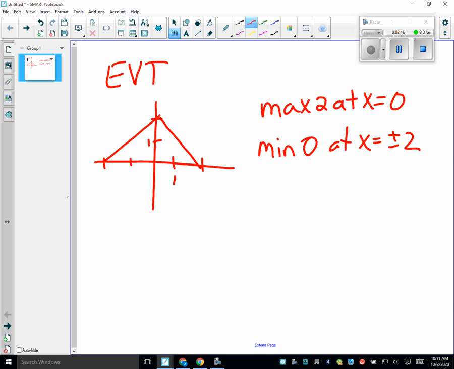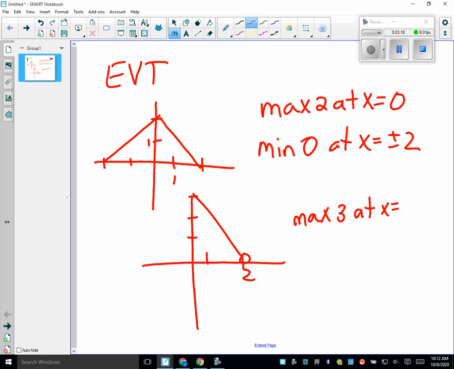Okay. So what if I give you something like this? What is the maximum? Max 3 at x equals 0.